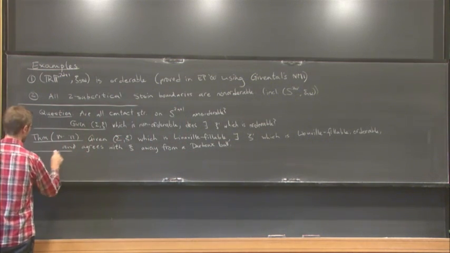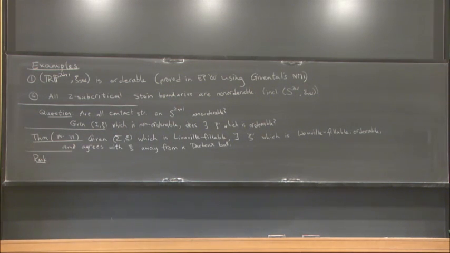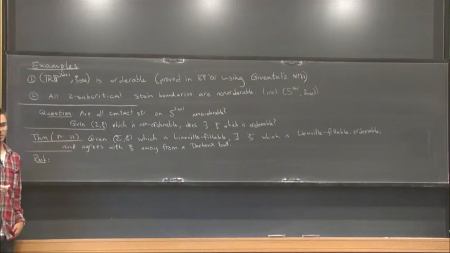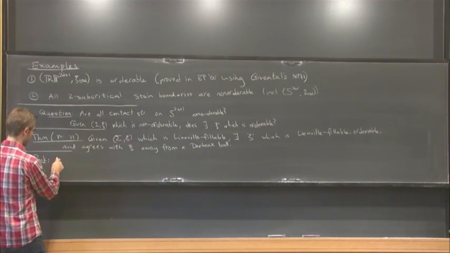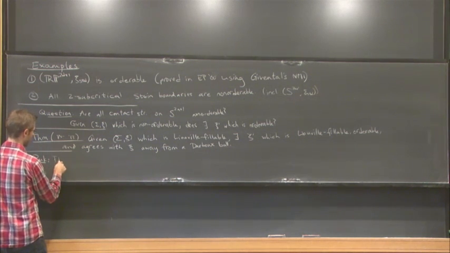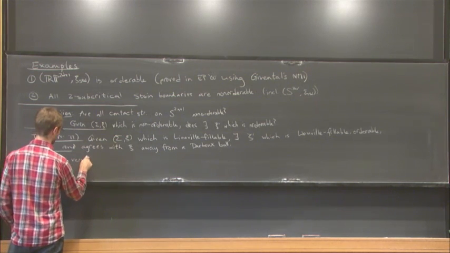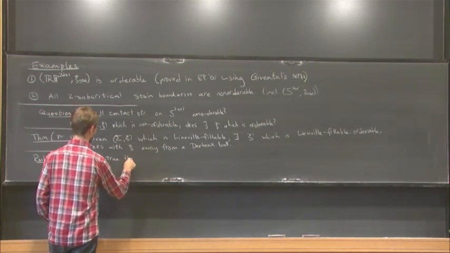And a quick remark on this. The Liouville fillability doesn't have anything to do with orderability at all. I stated that for technical reasons. I want to use Floer homology, and I can use Floer homology on Liouville fillable contact manifolds. So it's certainly plausible, very likely true, I would say, that this holds in general.